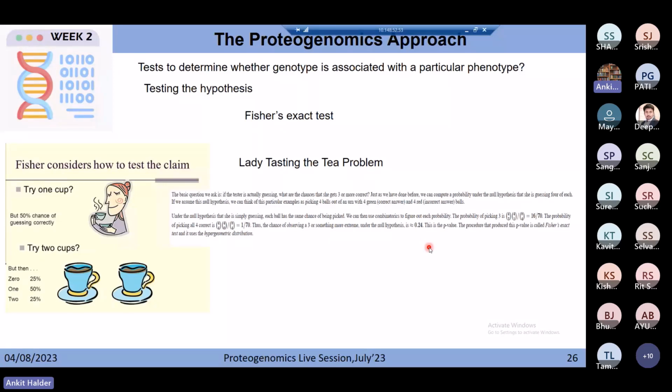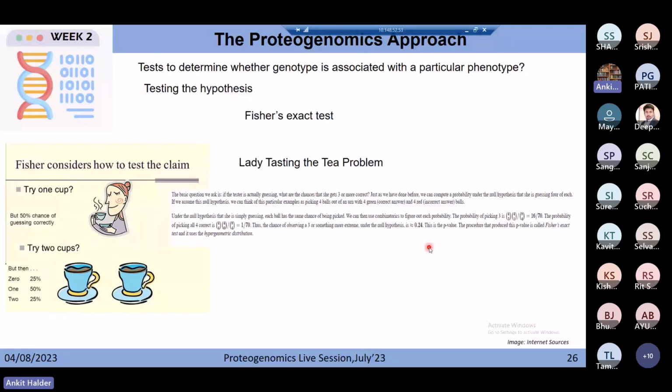So here you cannot reject the null hypothesis that she has no magical power. Just by guessing, one time you can be correct, but that cannot be significant.